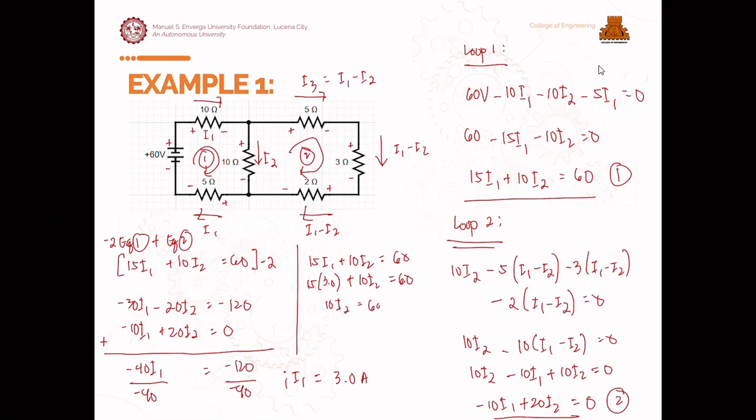So we have 10 I2 is equals to 15, or I2 is equals to 1.5 amperes. Okay. And then, para makuha natin si I3, so I1 minus I2, so 3.0 minus 1.5. This is 1.5 ampere. Okay.